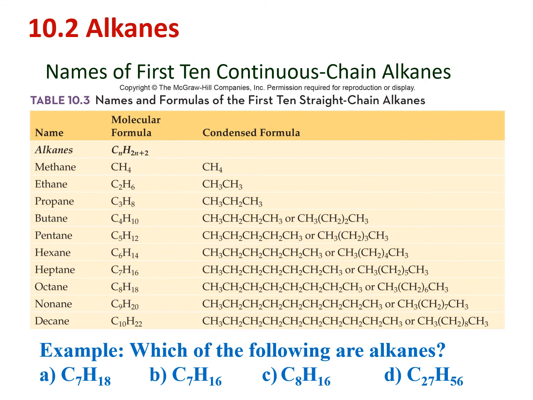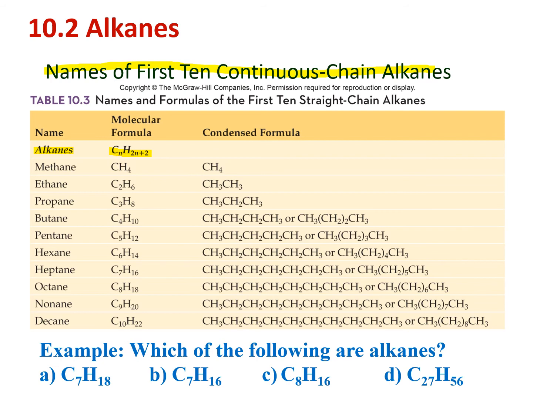Next are the names of the first 10 continuous chain alkanes, and we know the general formula for the alkanes is CnH2n+2, where n is the number of carbon atoms. So if carbon is 1, n is 1, and 2 multiplied by 1 gives us 2, plus 2 gives us 4.